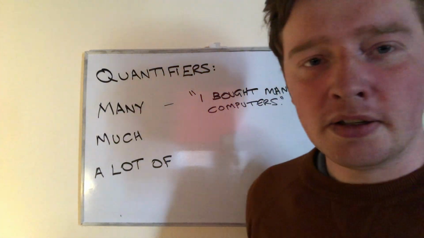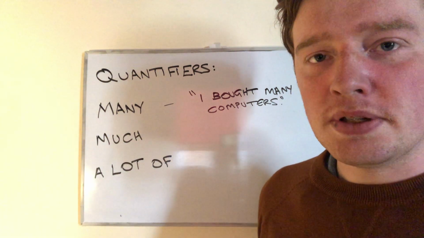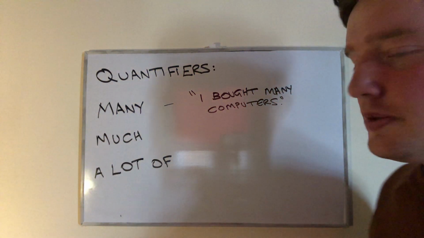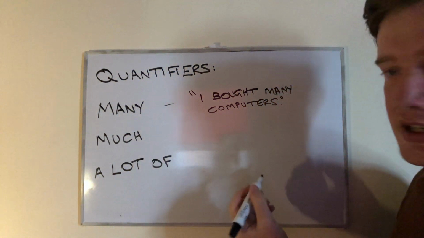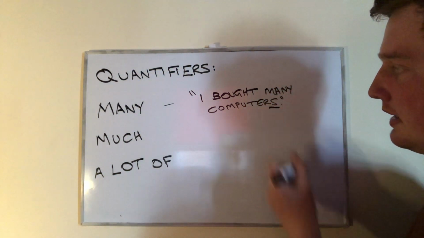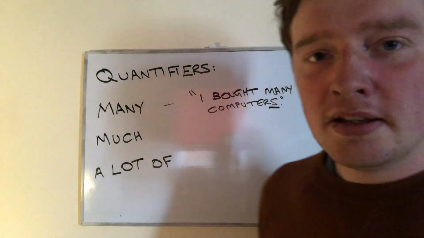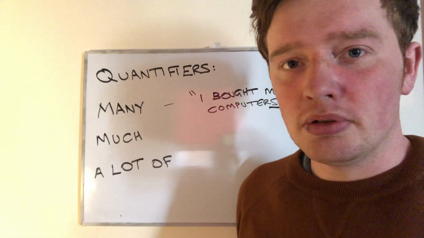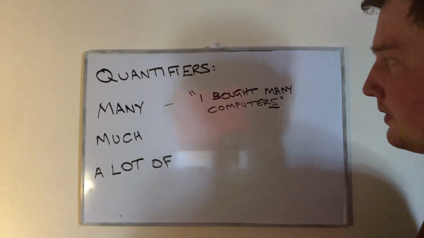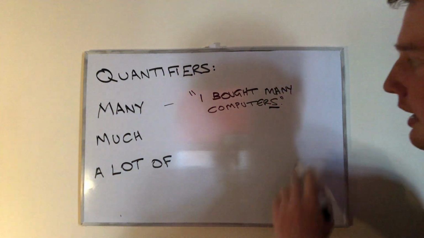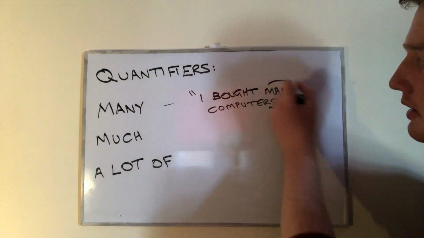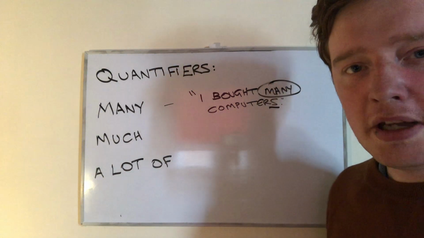Well, we see here that computers is a countable noun because I can apply a number to computers, can't I? In fact, it's indicated by the fact it ends with an S, indicating it has a plural form. So, given that computers is a countable noun, we have applied the quantifier many.